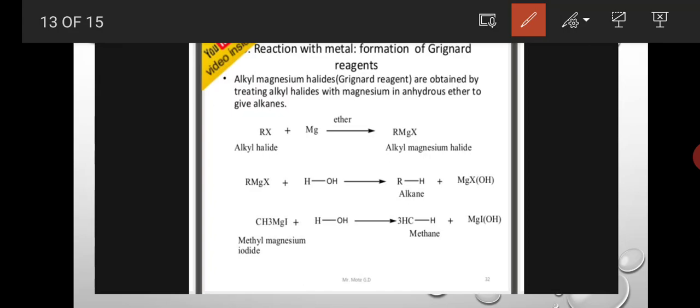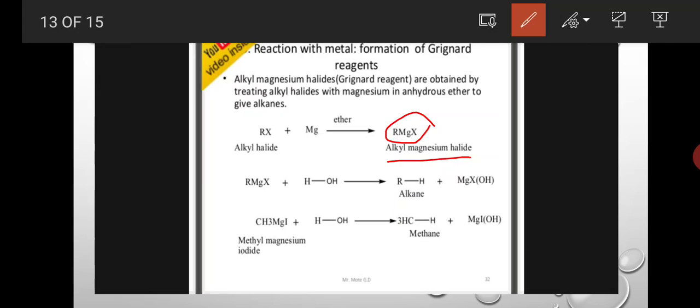Here alkyl halides react with magnesium metal in presence of ether and it is converted to alkyl magnesium halide. This alkyl magnesium halide is called as Grignard reagent.